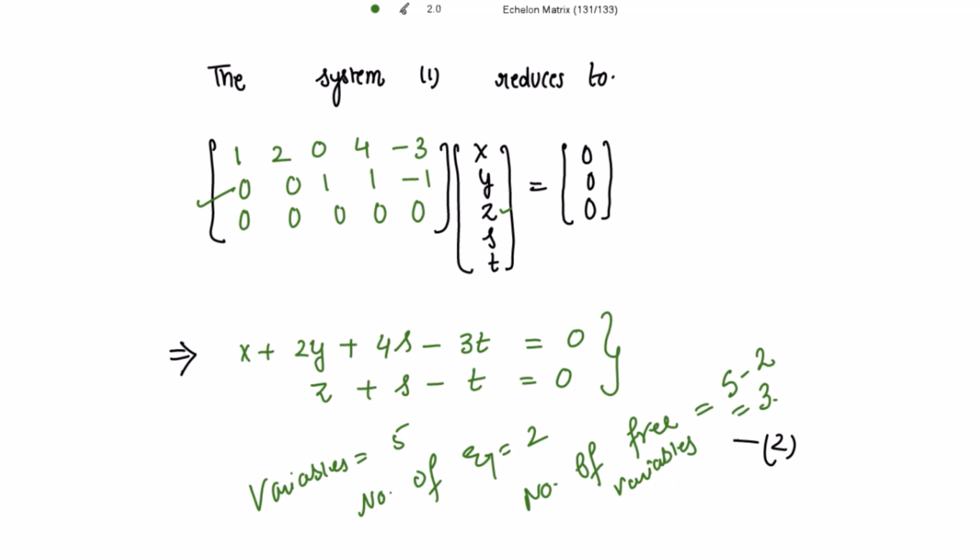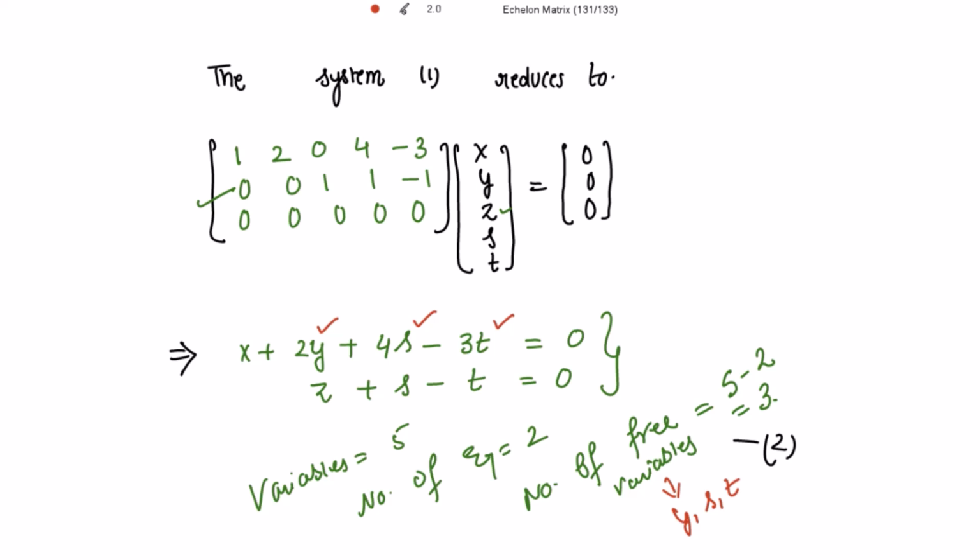Now how to choose those variables? We need to choose as free variables only those whose coefficient is not equal to 1. So we can have y as a free variable, s as a free variable, and also t, right? So the free variables are y, s, t.